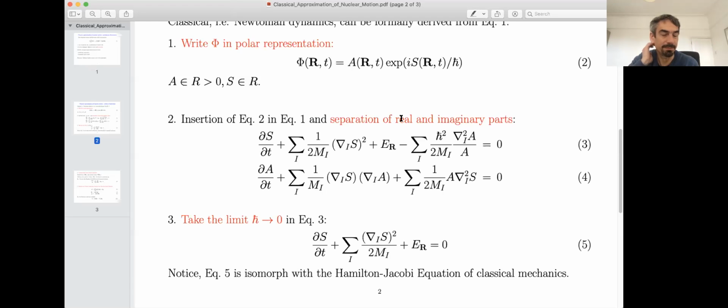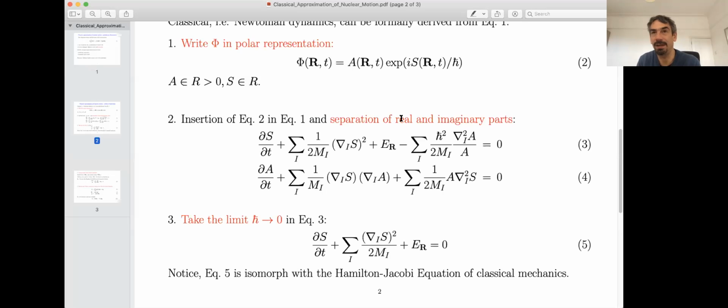But it seems to be the case that by taking that limit, you just arrive at the classical equations of motion. And obviously this is not the case. H bar is not 0.